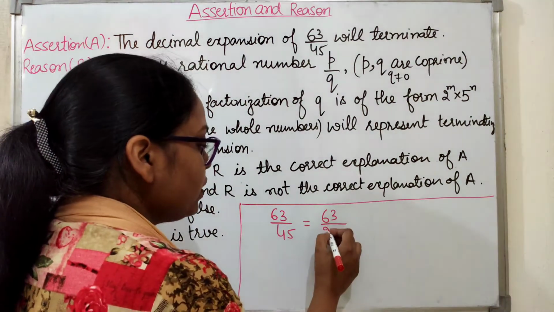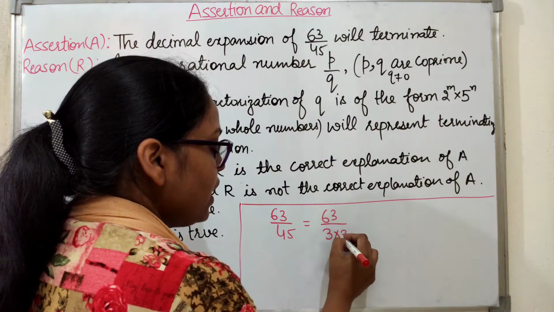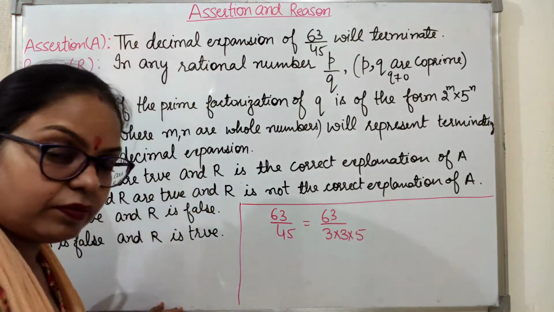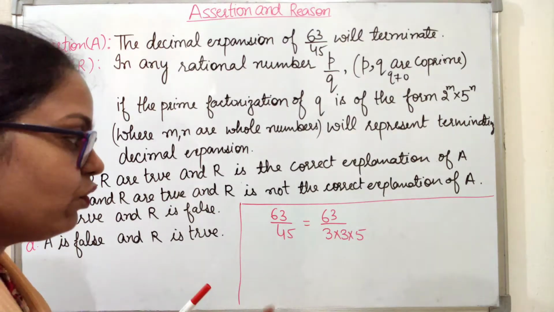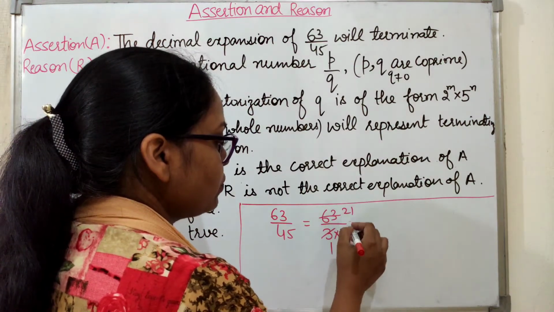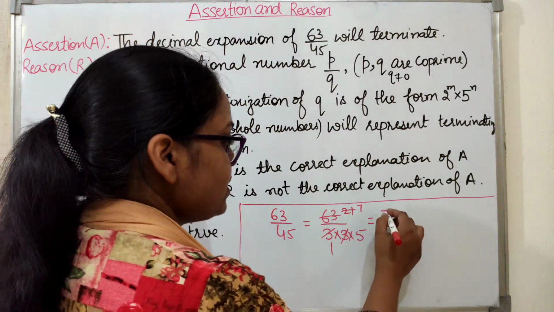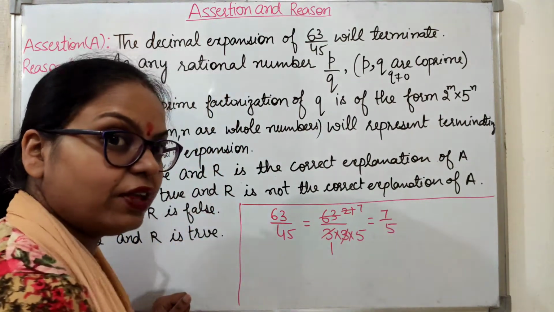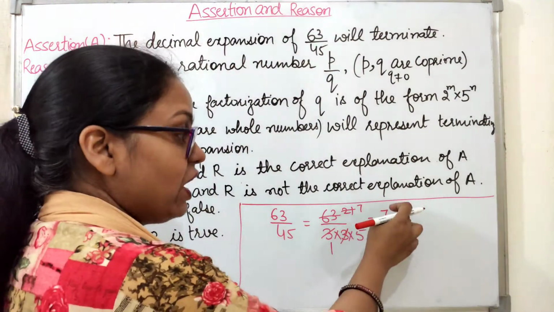It will be 3, 3 and 5. So there is a common factor and it cancels also. So what is coming here? 7 upon 5. So what is this? 7 by 5.